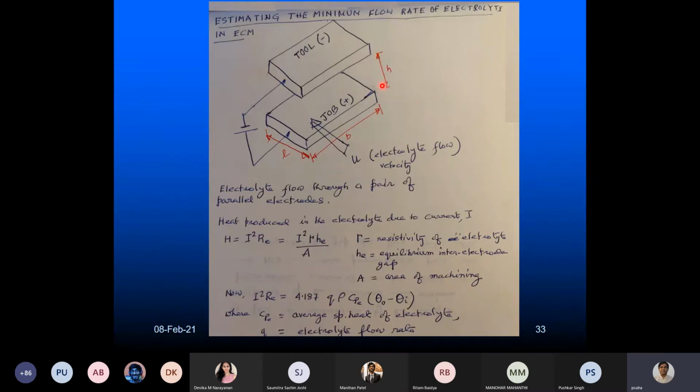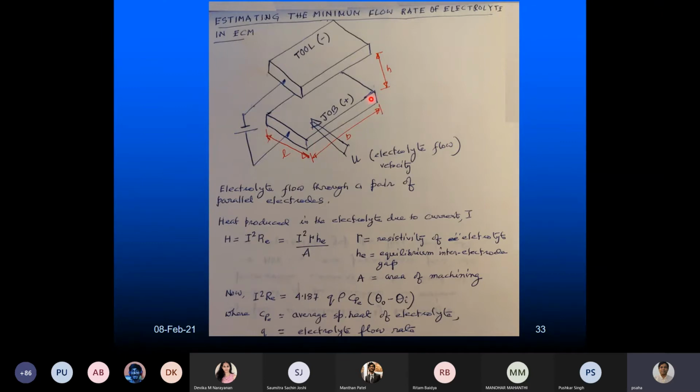How much is the inter-electrode gap? It is H. And the tool size is L. Assume both tool and job are the same size, or even if the job is more, whatever is under the footprint of the tool will get machined.